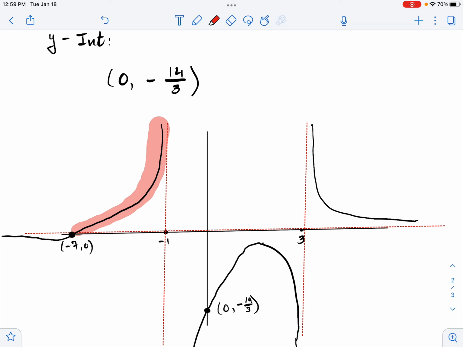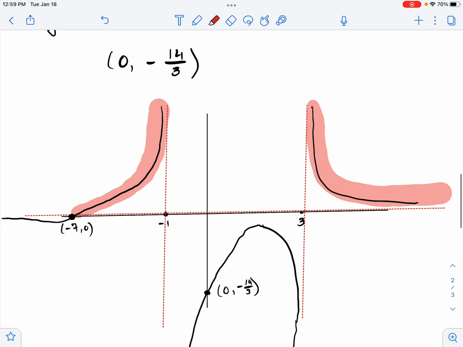There's the function positive. Between these two, it is negative. And then here again, it is positive, and it remains positive all the way out there. As x goes off to infinity, my function remains positive. It approaches this asymptote, but never reaches it.